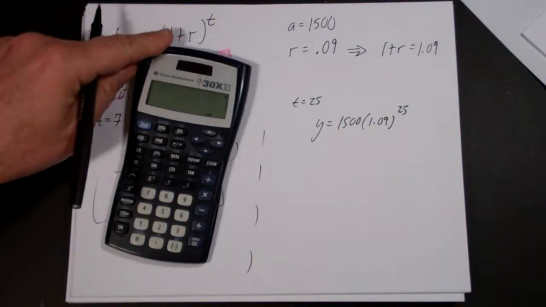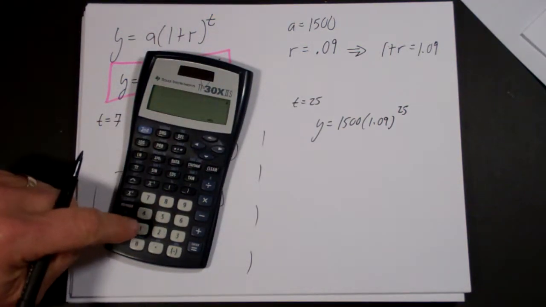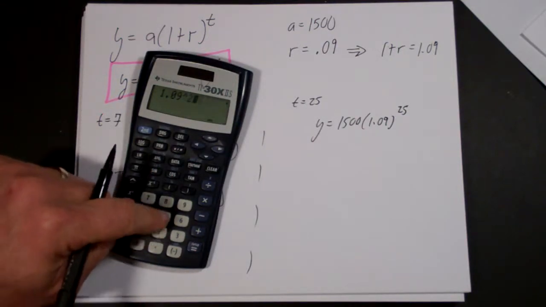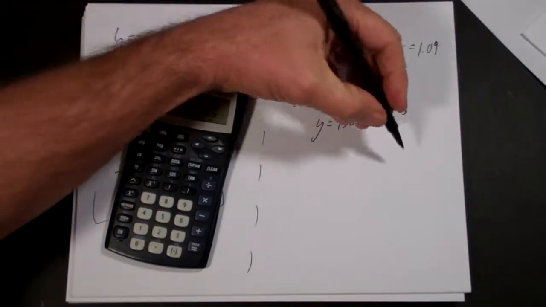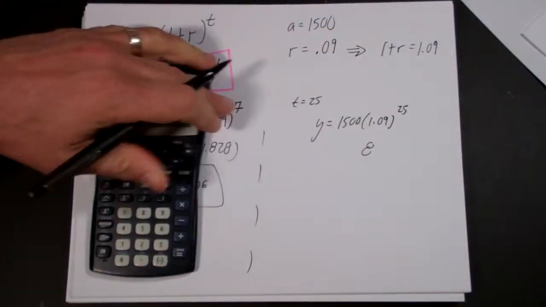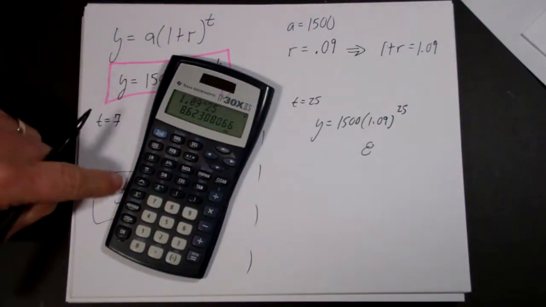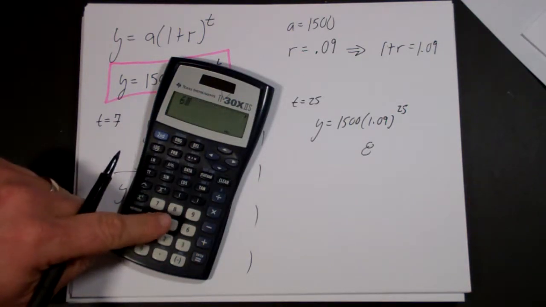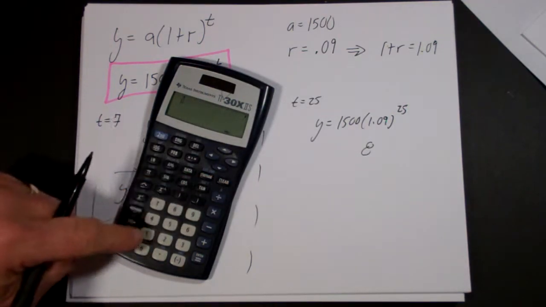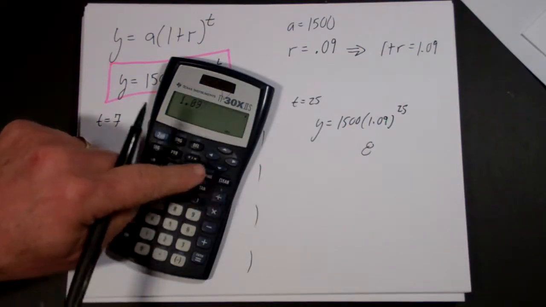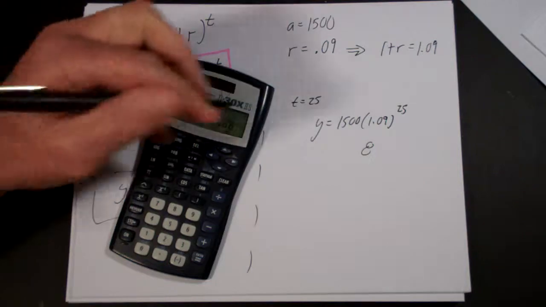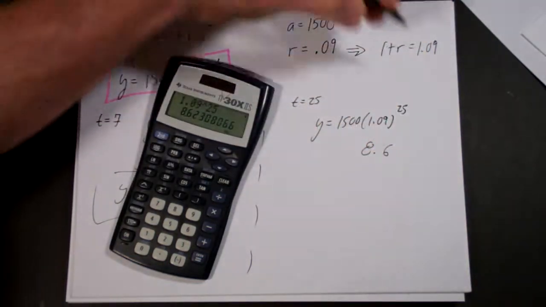If we have 25 years, then we go 1.09 raised to the 25. That's 1.09 raised to the 25th is about 8.623.